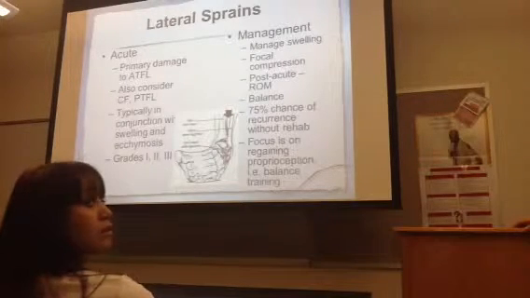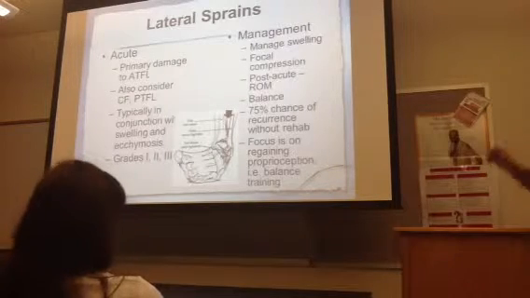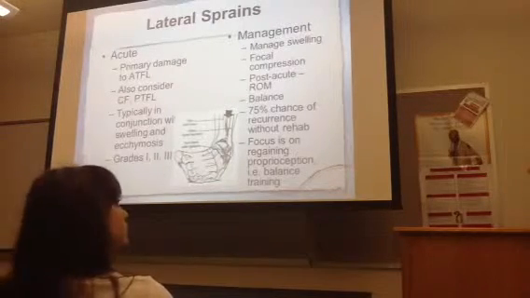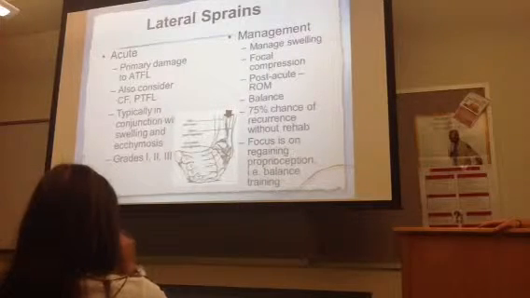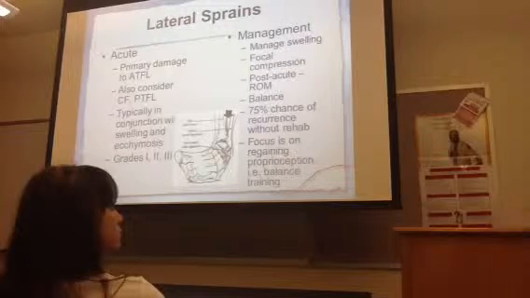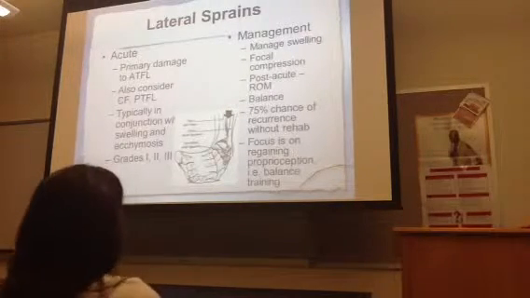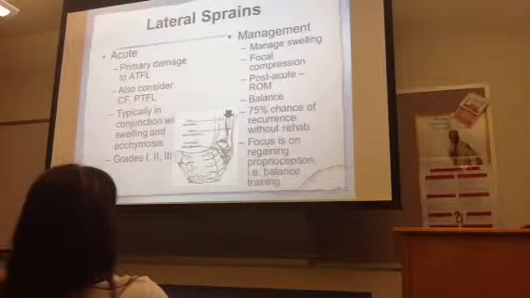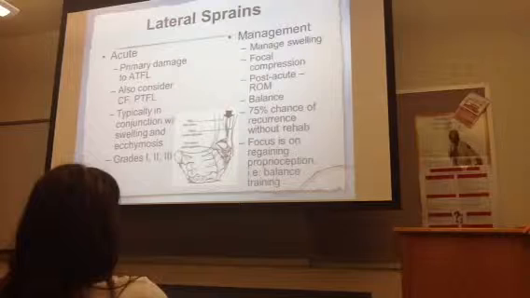If you're wrapping proximal to distal on a swollen ankle, or swollen knee for that matter, what is that going to do? Yeah, it's going to drop the swelling to the toes, or to the ankle for that matter. And then, like we talked about before, work on balance and regaining proprioception.